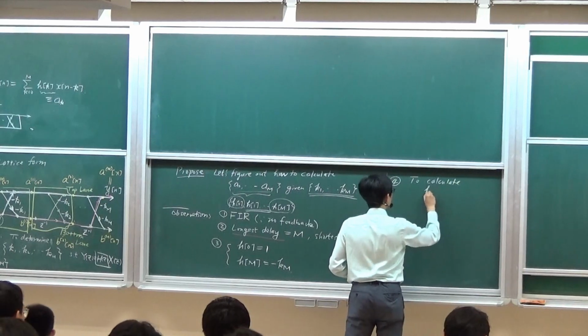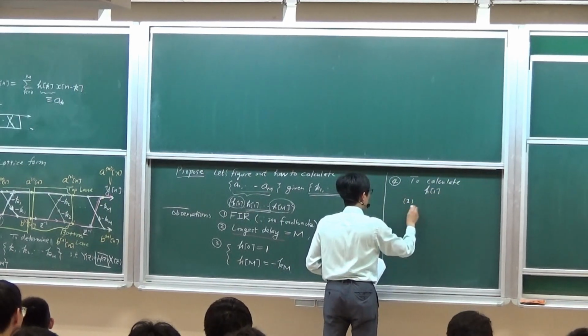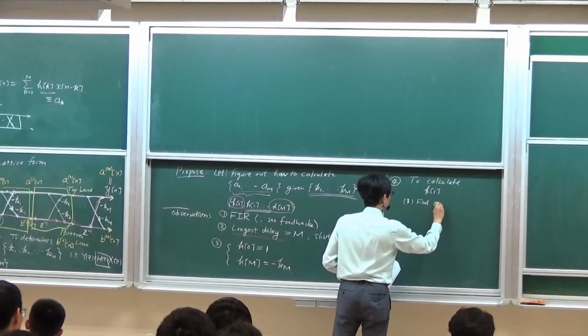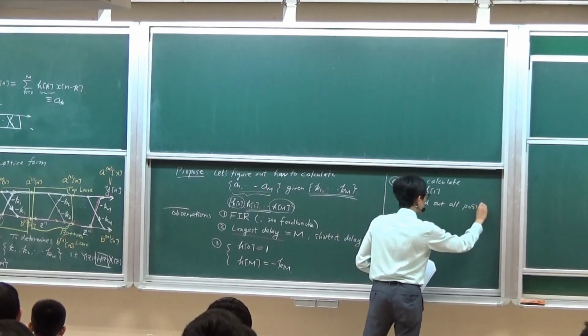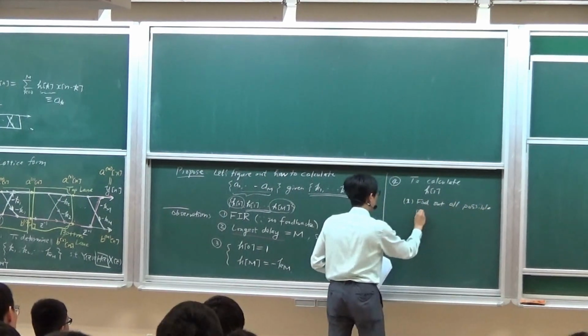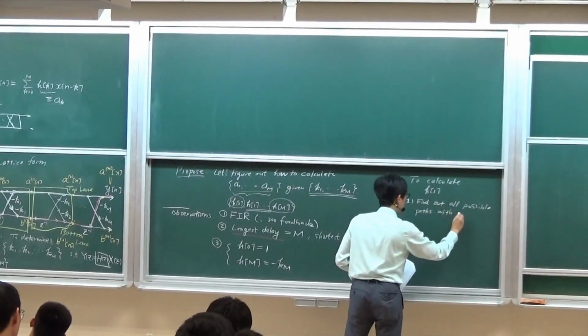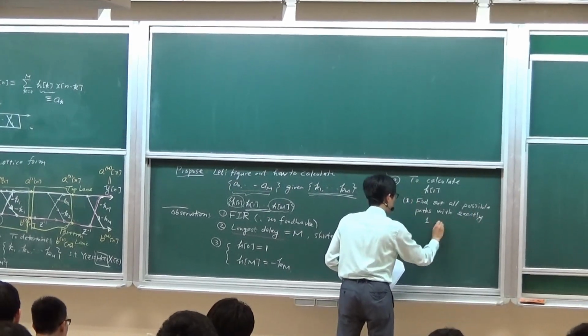Otherwise, based on these observations, to calculate H of 1, I suggest: first, find out all possible paths with exactly one sample delay.